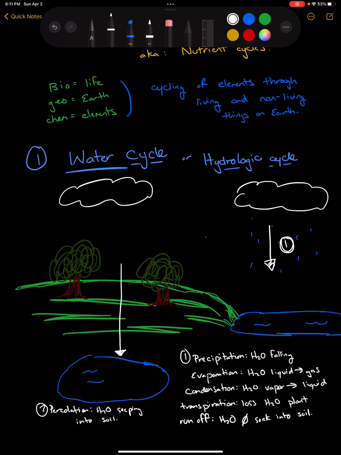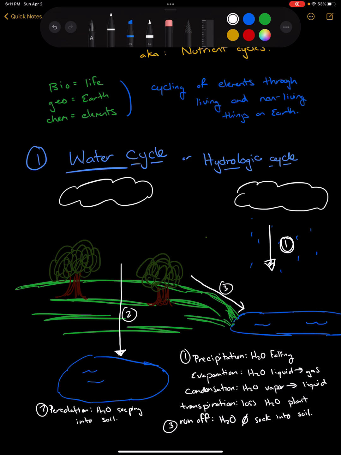That's percolation. Or we can experience runoff. Okay, there's number two. Runoff is when the water doesn't seep into the soil and it ends up in my rivers and streams and lakes and oceans, right?